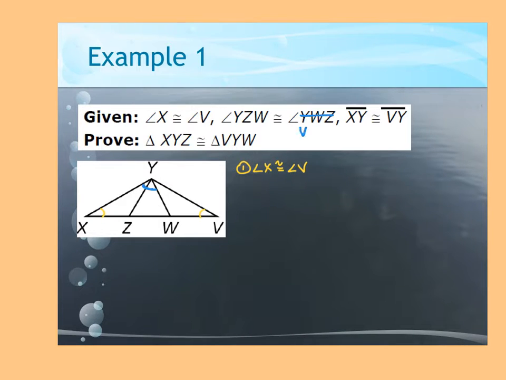This should be VYZ. And XY is congruent to VY. Prove triangle XYZ is congruent to VYW. Did I change the wrong one?